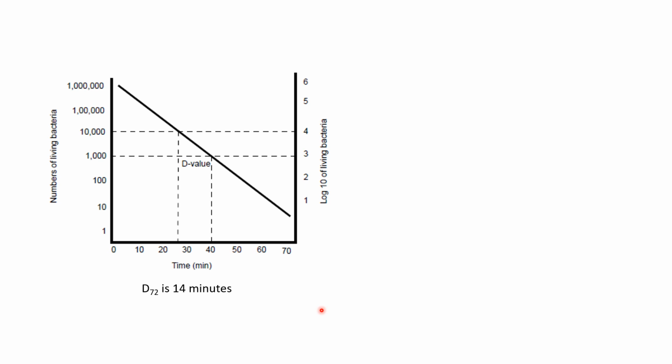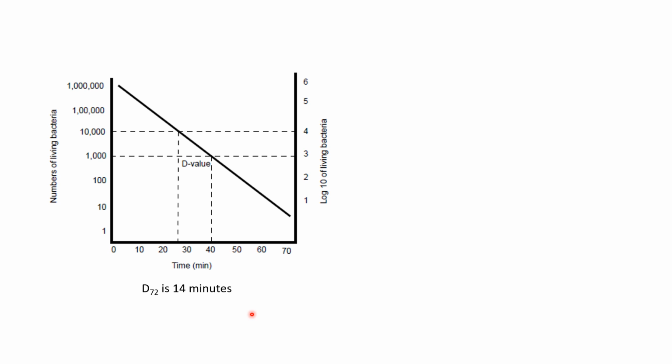For example, a D value at 72 degrees of 1 minute means that for each minute of processing at 72 degrees, the bacterial population of the target microorganisms will be reduced 90%. In this figure, the D value is 14 minutes, 40 minus 26, and would be representative of a process at 72 degrees.